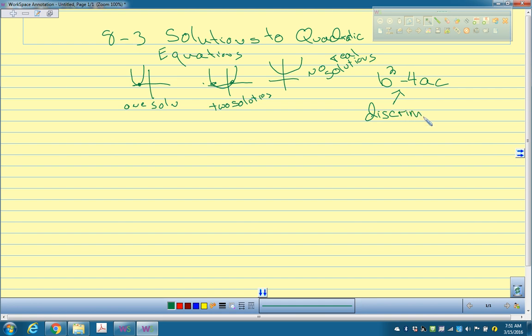It tells you how many solutions, and what type of solutions, you're going to have. So rather than go through the whole thing, solve using the quadratic formula, and find out that the thing inside is a negative number, therefore I have complex solutions, you could just plug into b squared minus 4ac and tell pretty quickly how many solutions it has, okay?